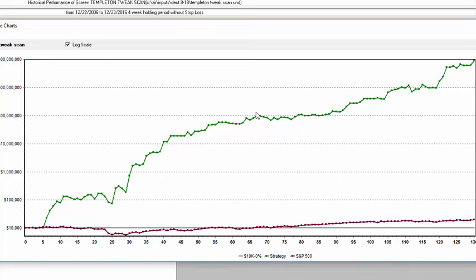Now, you're probably not going to be making much more than that because you're going to have too much money to invest in too few stocks. But you can just see how powerful it is. In fact, if you were able to trade this scan every month with all of your account, you would start with $10,000 at time 0 10 years ago, and today you're looking at an account of about 10 billion.